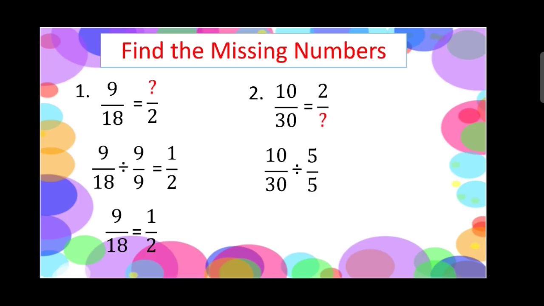So, 10 divided by 5 is equal to 2. Then, 30 divided by 5 is equal to 6. So, the equivalent fraction of 10 over 30 is 2 over 6. Okay, so therefore, 10 over 30 is equal to 2 over 6. So, ganyan lang po maghanap ng numbers na nawawala.